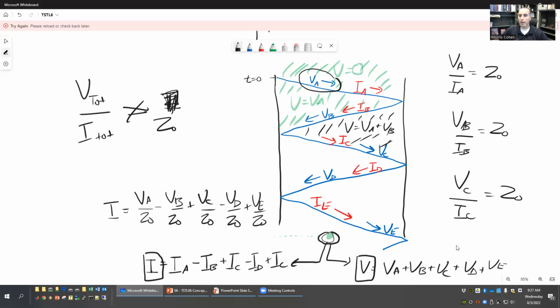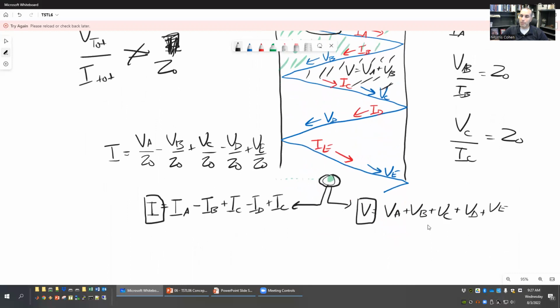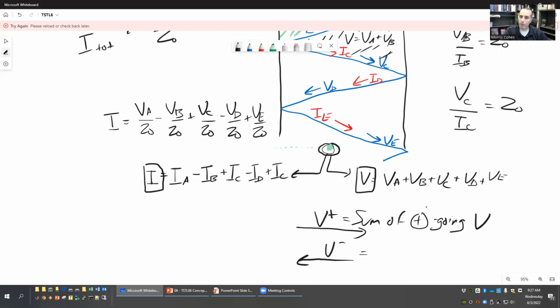So after a very long time, if we extrapolate this all the way down to t equals infinity, eventually we're going to have two waves that result, right? There's going to be what we're going to call V positive, which is a sum of all the voltages that have moved in the positive direction, all built on top of each other, right? It's the sum of all the positive going voltages. And we're also going to have V negative, which is equal to the sum of the negative going voltages.